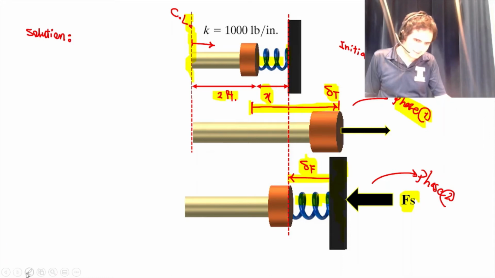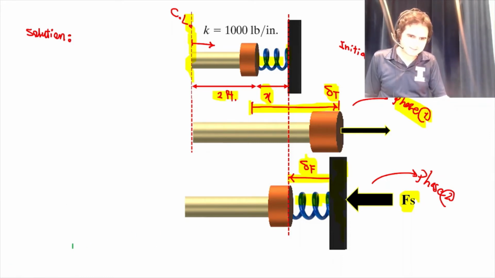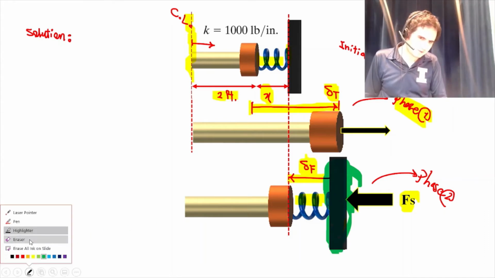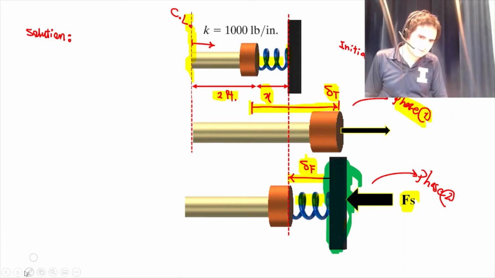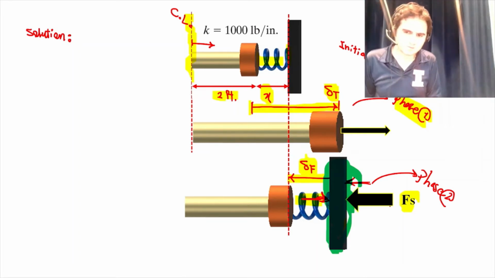If you study the free body diagram of the right support, based on Newton's law, the same amount of force applies to the left, to the spring, and cancels with Fs.